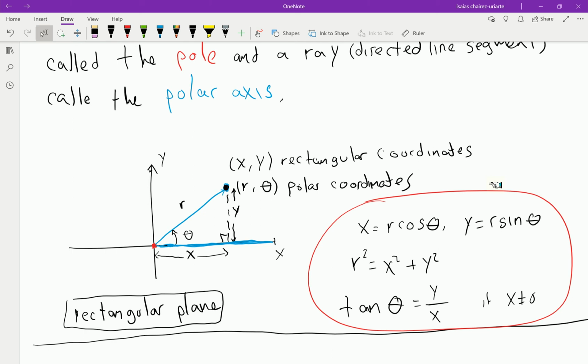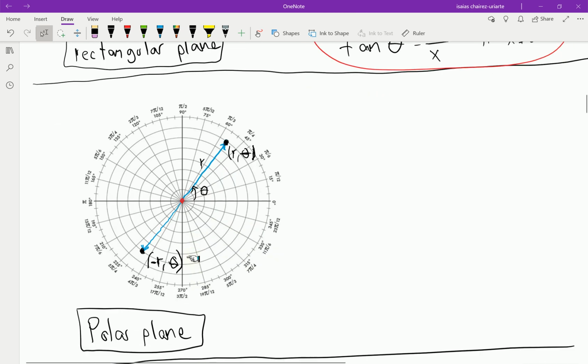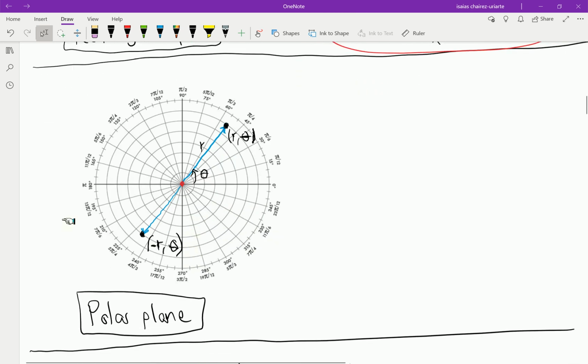Keep in mind that this picture is taking place in the rectangular plane. Let's look at the polar plane. In the polar plane, you have pretty much the Cartesian plane in there. You can see the x-axis and sort of a y-axis. You also have all of these concentric circles, which tell you a unit of radius.